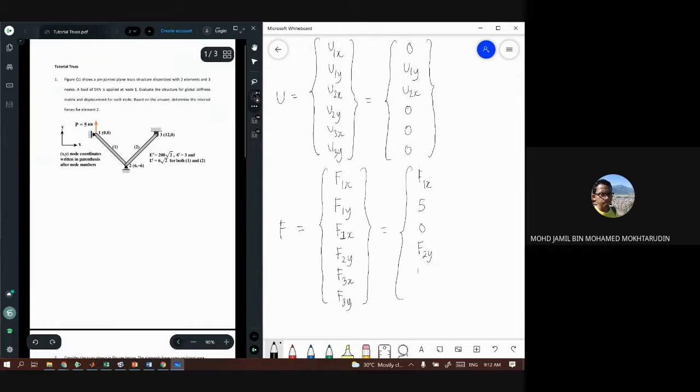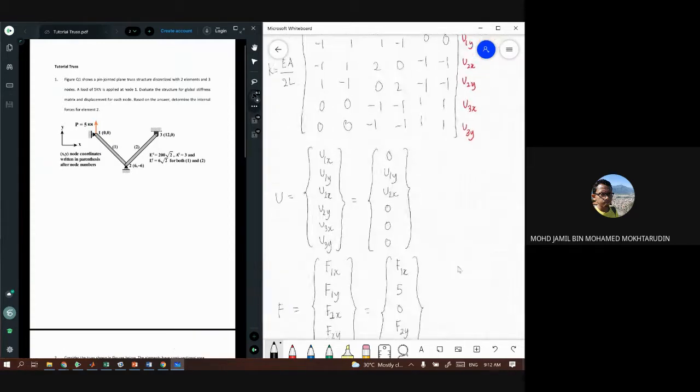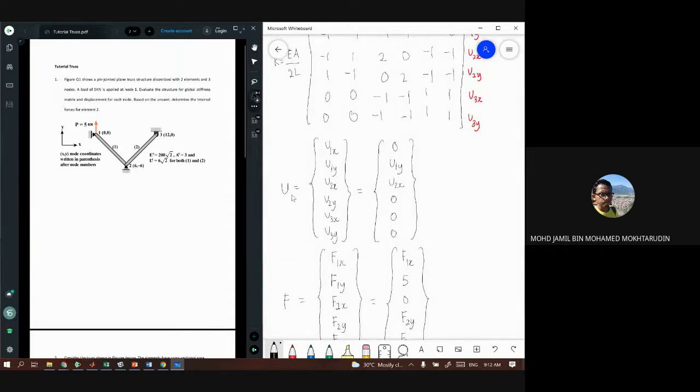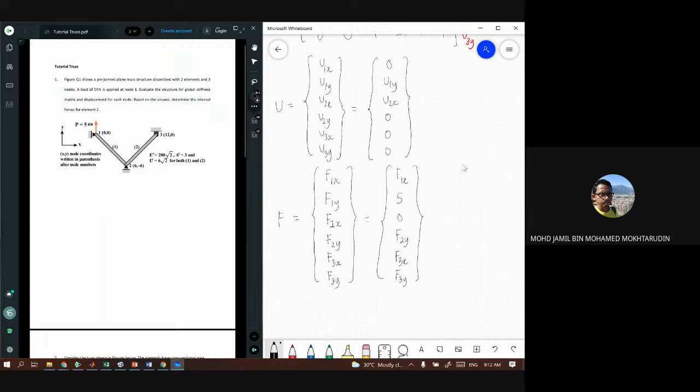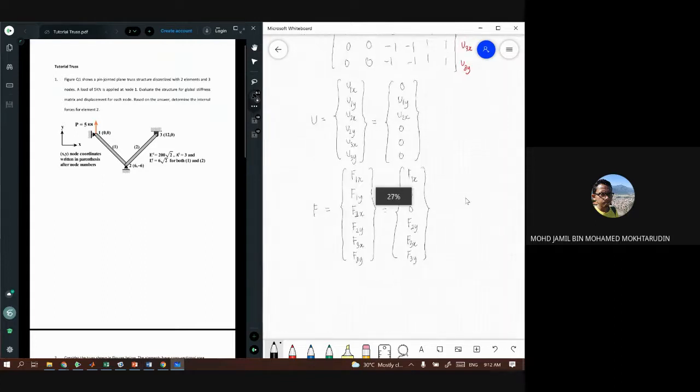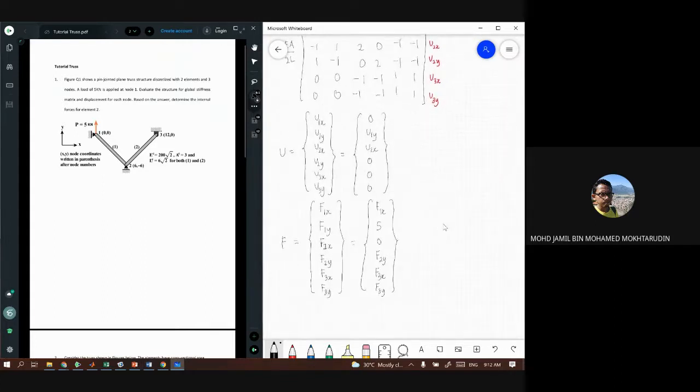So we have f3x and f3y. Now we have the 3 matrices here, K, U, and F. Then we can calculate the remaining things that we need to find, which are U1y, U2x, and the forces.